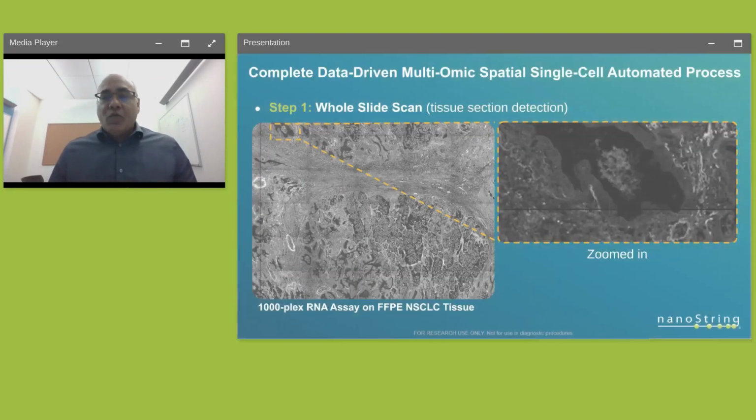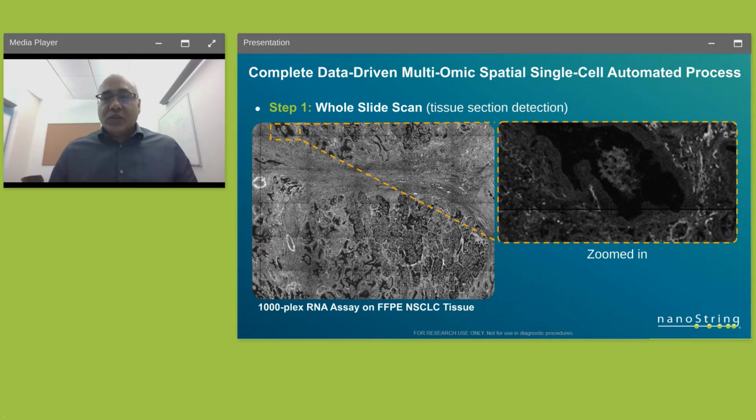Now, let me walk you through what CosMx does in detail. Please keep in mind, everything is automated and you don't have to worry about any of these. But to introduce the concept, I have divided the whole process into 6 different steps. So you start with a tissue section on a standard pathology slide.